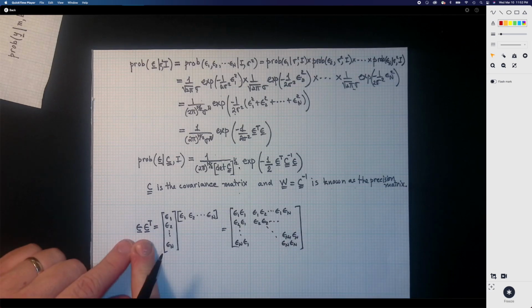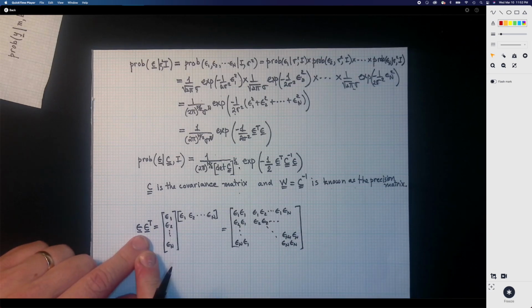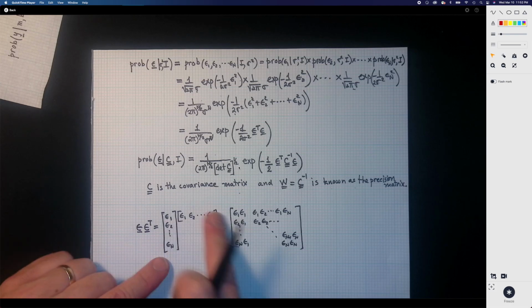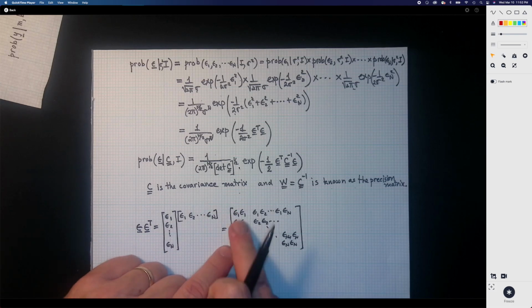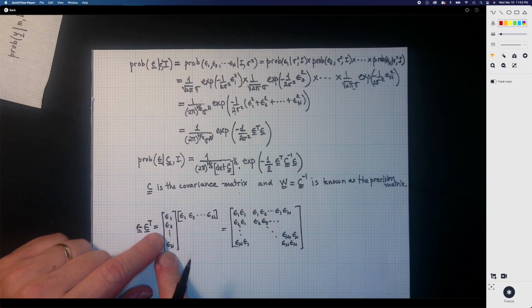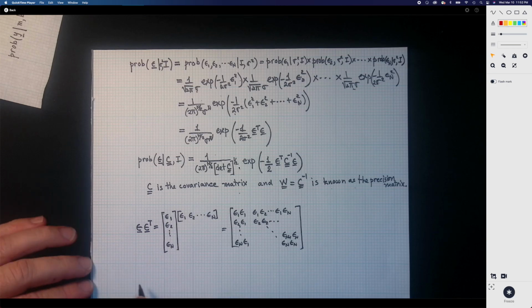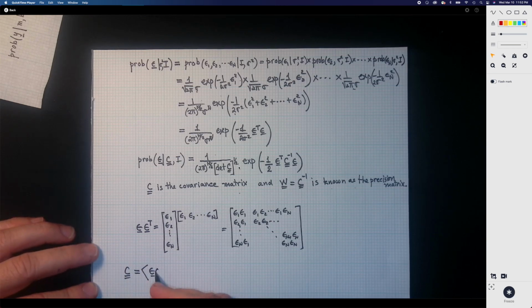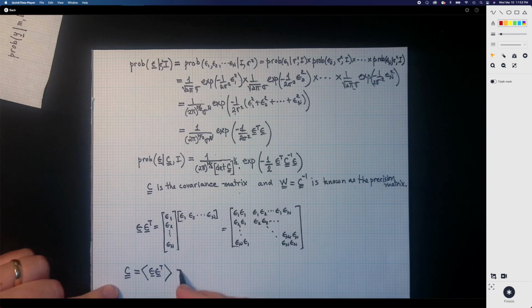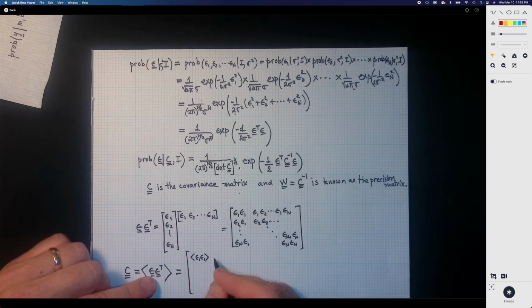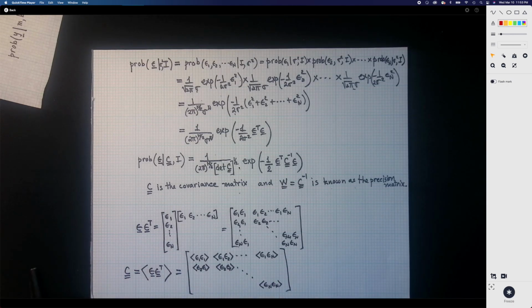So if I take epsilon with epsilon transpose, I don't get a scalar, I get a matrix, and it's the product of all pairs of epsilons with itself. And if I take the expected value of that, what I get is the covariance matrix. And then, because the epsilons are independent, these off-diagonal elements are all assumed to be zero.